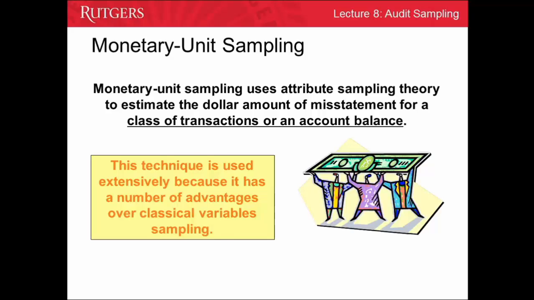Variations of monetary unit sampling are known as probability proportional to size sampling and cumulative monetary amount sampling. Auditors use this sampling technique extensively because it has a number of advantages over classical variables sampling. Monetary unit sampling builds upon attribute sampling theory to express a conclusion in dollar amount.